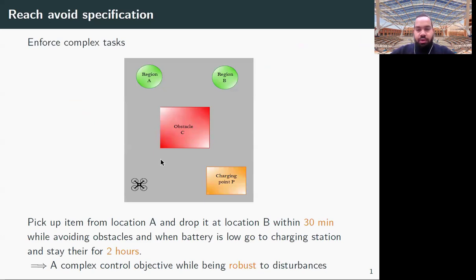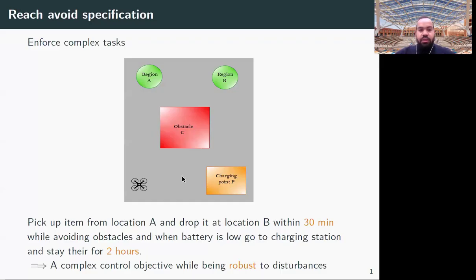Consider a dynamical system that is modeled here by this drawing. We want this dynamical system to satisfy a complex specification. For example, we want this drone to go to region A, pick up an item there, and then go to region B and drop the item there. If the battery of the drone is low, it should go to the charging point P and stay there for 2 hours.